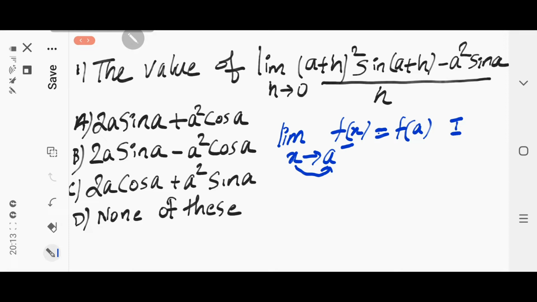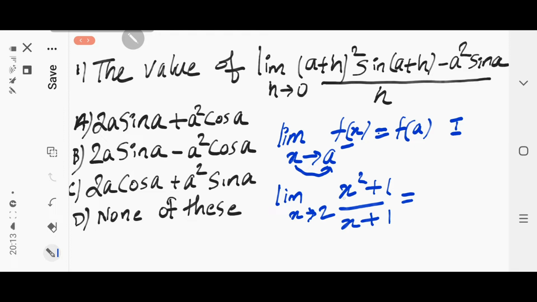For example, when you go to the question, limit x tends to 2 of (x square plus 1) divided by (x plus 1) is equal to what? Here x is tending to 2. That means, as per the rule, you can put 2 in the place of x.